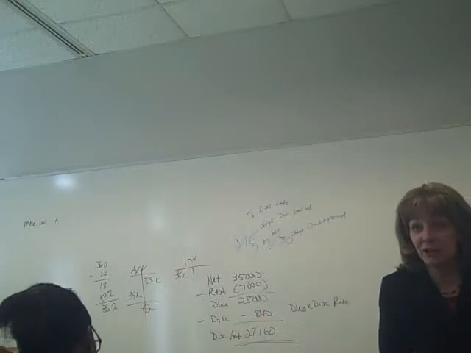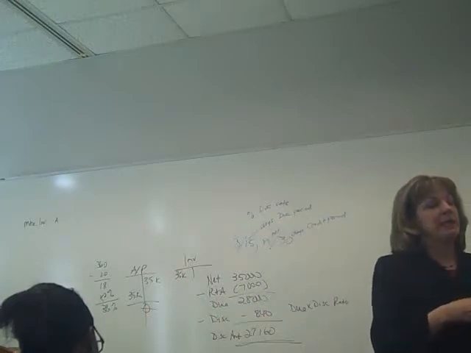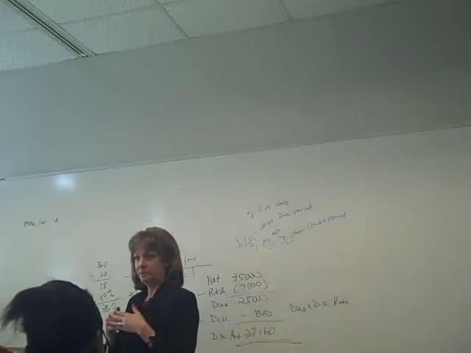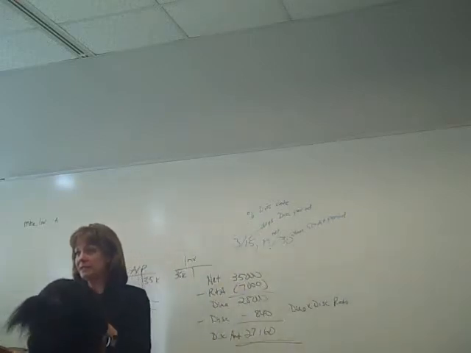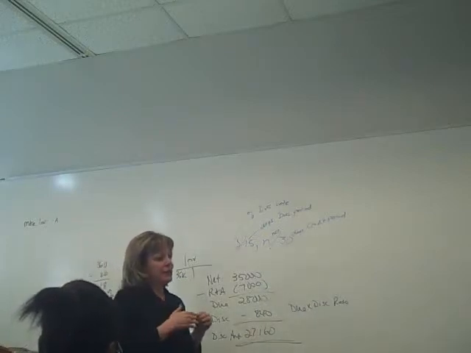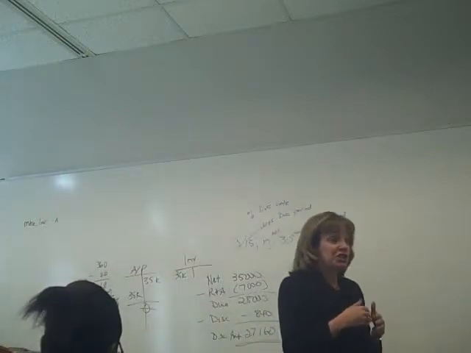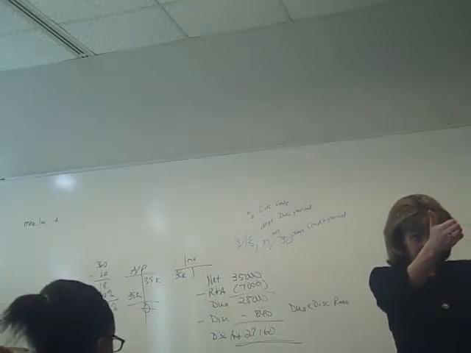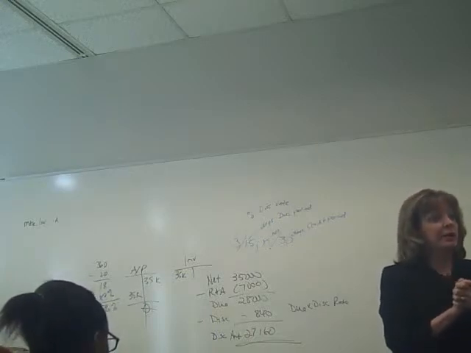Are we good so far? Okay. So the place of selling is where? The seller's place is California, and that is called shipping point. That's where we ship it from, his back dock. Where is destination?